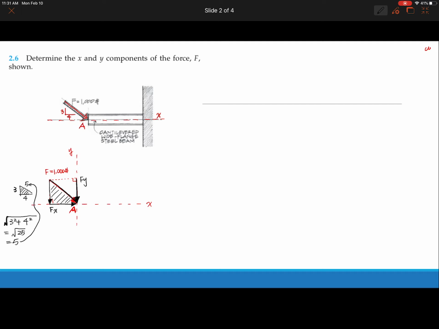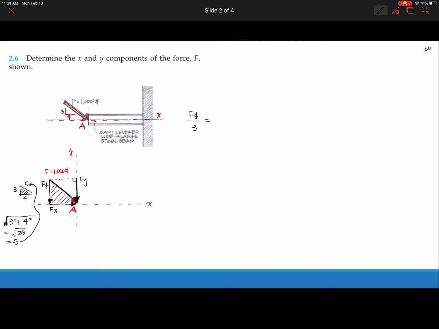For similar triangles, the ratio of the corresponding sides is the same. So now you have to look at the corresponding sides. You can also label it as Fy. Fy, what is its corresponding side in the smaller triangle? It is 3.